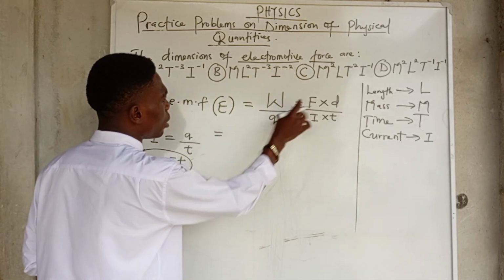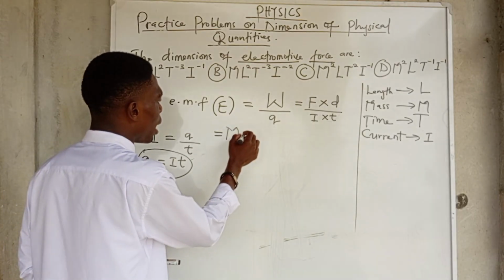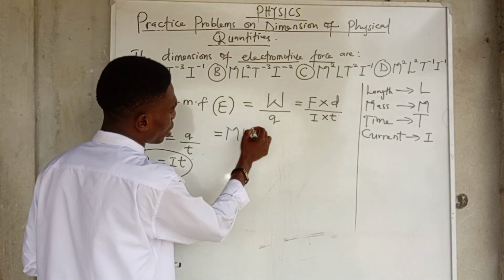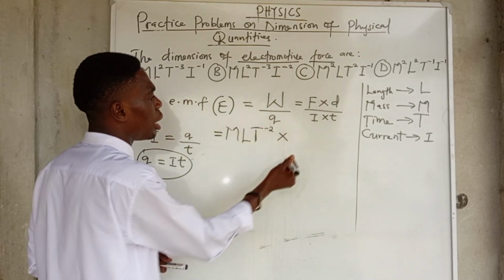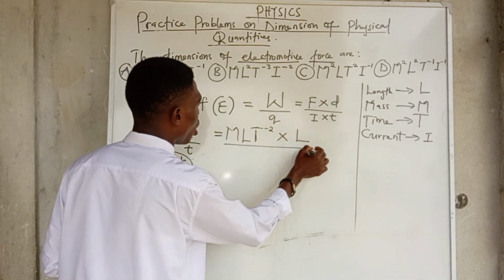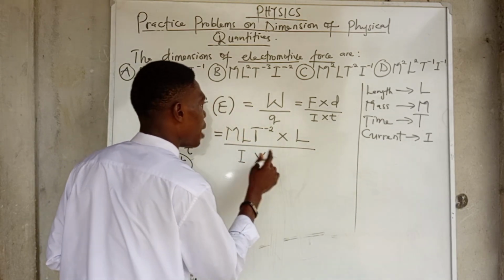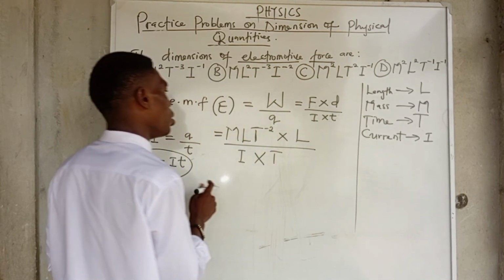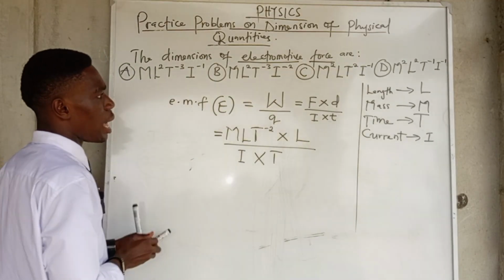So look at this now. I'm bringing in force. Remember, we have just derived the dimension of force as MLT raised to the power of minus 2, and this displacement, they are all lengths. So put it as L all over current, which is I, times time, which is T.